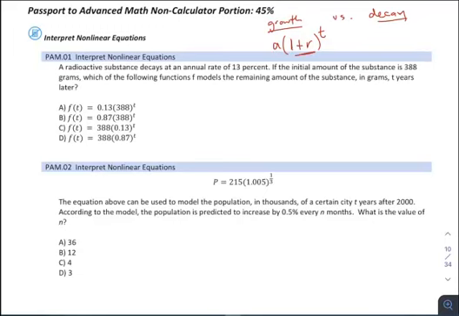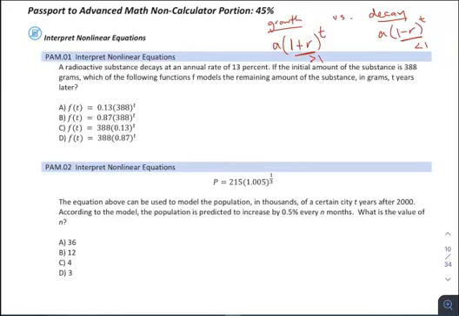This is 1 plus some r value where r is the rate of change in decimal form. Decay is going to be that same initial amount, but this time you're going to take 1 minus that decimal rate of change, all to the power of t. Okay, so if this number here is less than 1, then it's decay. If it's greater than 1, you're talking growth.